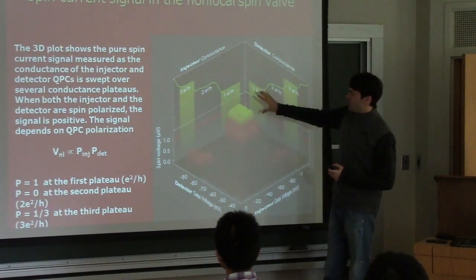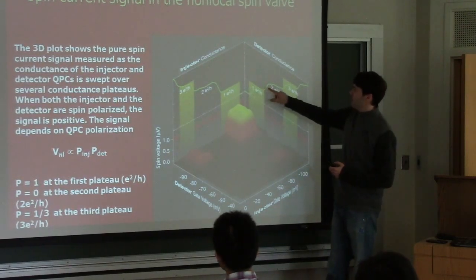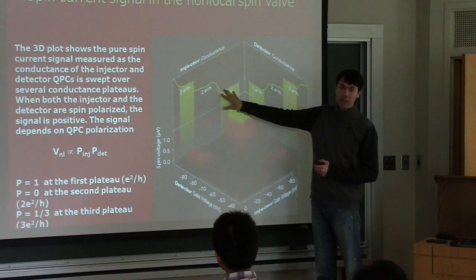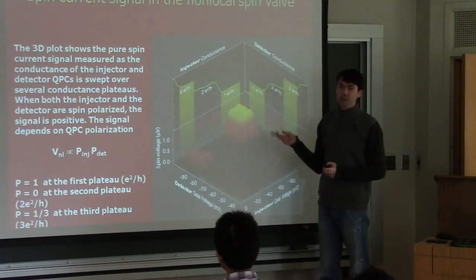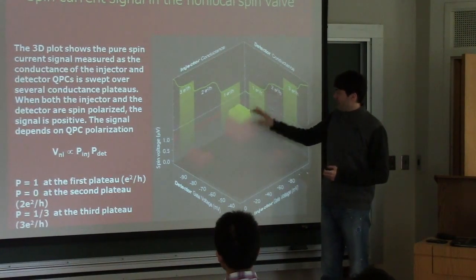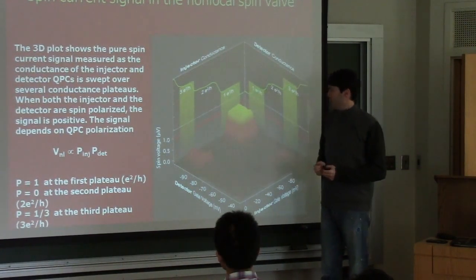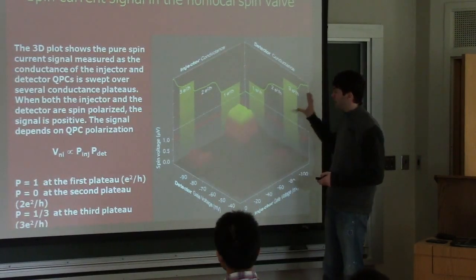So this is a complicated plot, but on the side panels you have the conductance traces for the detector and the injector. And these yellow regions correspond to 1e² plateaus when the injector and the detector are polarized. And what's plotted here is the non-local voltage, the voltage across the detector.